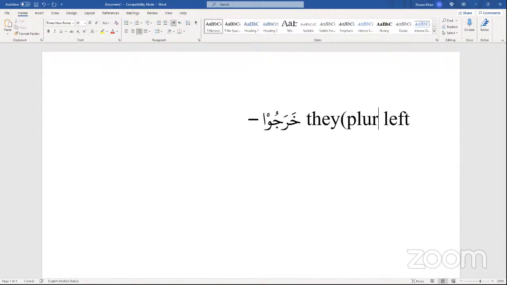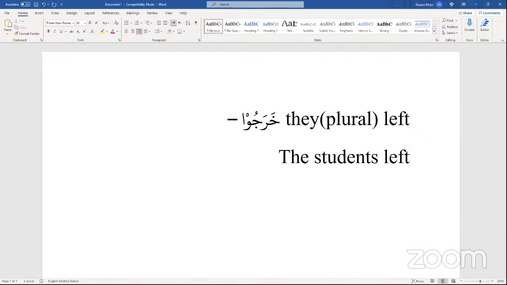Now I want to say, for example, the students left. So one way of saying is at-tullabu kharaju. This also means the students left.